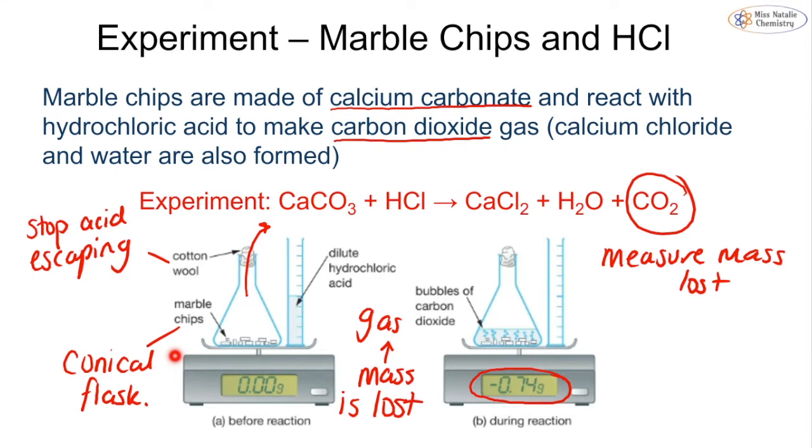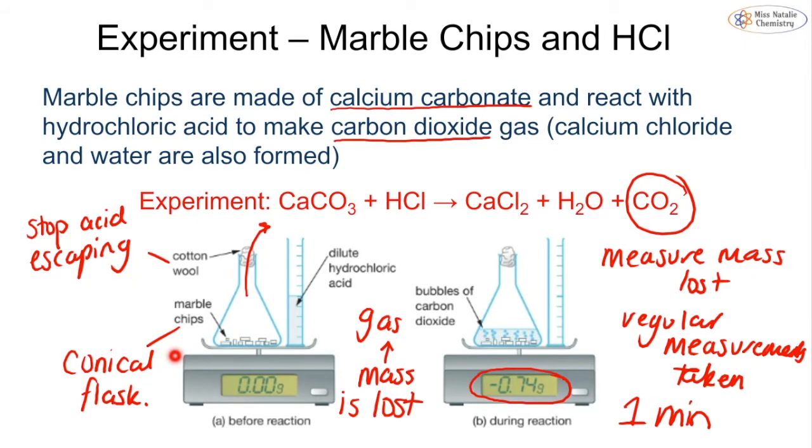And what we would most likely do is we would take regular measurements. And that's probably maybe every minute for about maybe 10 minutes in total. It depends on how much of the hydrochloric acid and the calcium carbonate that you use.